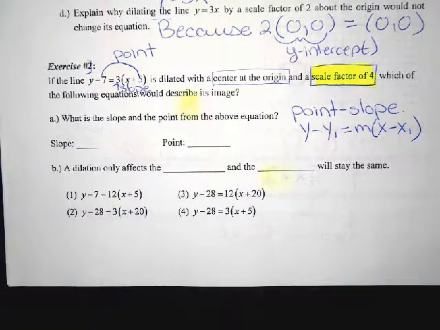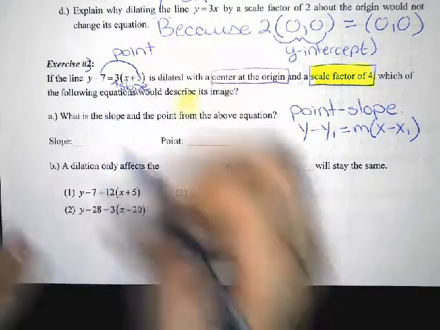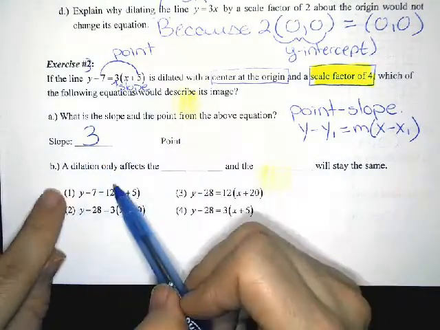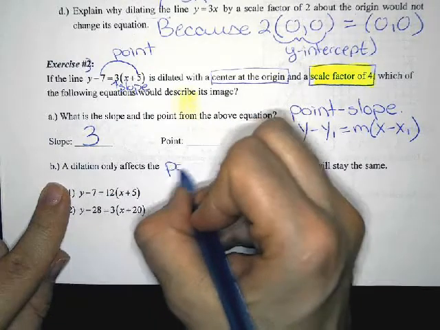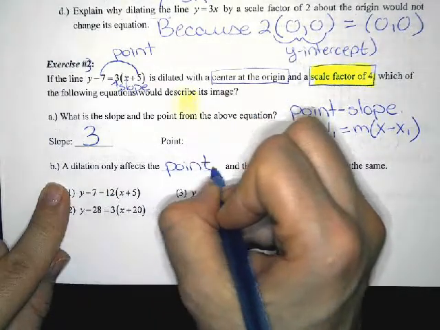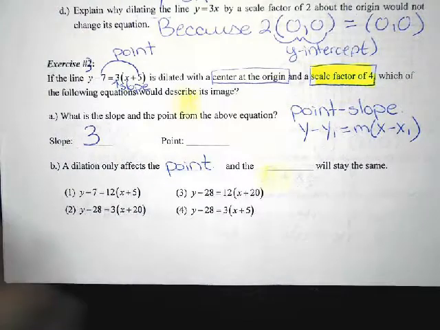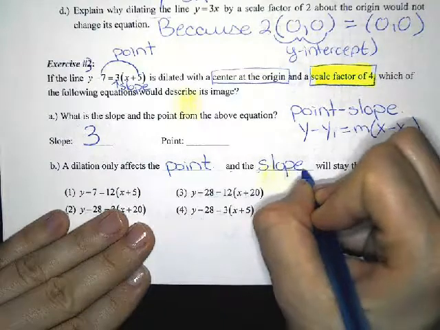So this should be pretty easy. The slope is 3. It's not going to change. So it's 3. Now remember, if I dilate it, a dilation only affects the point. And whether that point is the y-intercept or a point on the line itself, it doesn't make a difference. And the slope will stay the same.